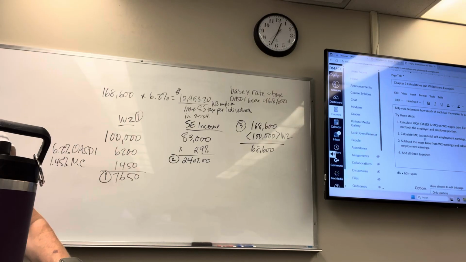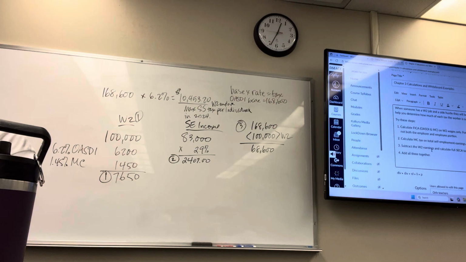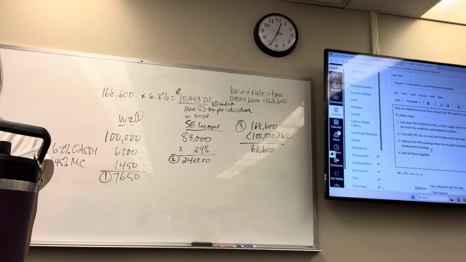So subtract the W-2 earnings from the wage base, and calculate the OASDI only, because we already calculated, right here, the Medicare tax, the SECA tax. Sorry, I have to change that in the other class too.